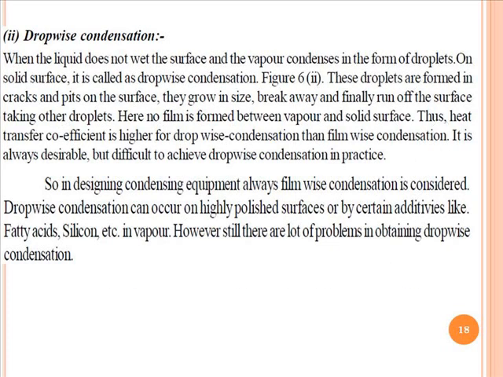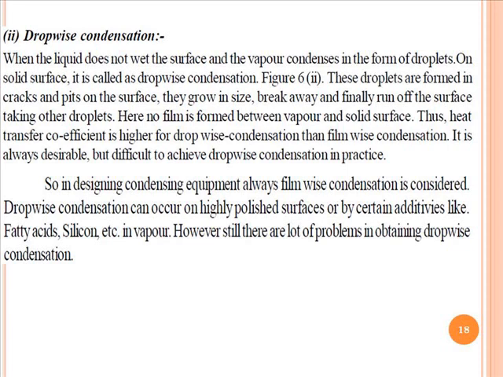In figure number 6b, when the liquid does not wet the surface and the vapor condenses in the form of droplets, it is called drop-wise condensation. On the solid surface, the droplets will be formed and they will fall gradually in the downward direction due to gravity.